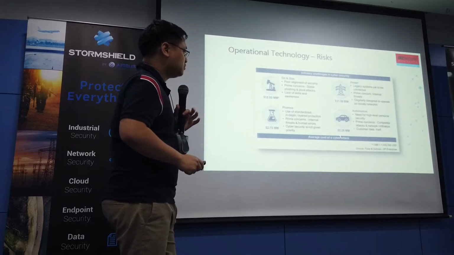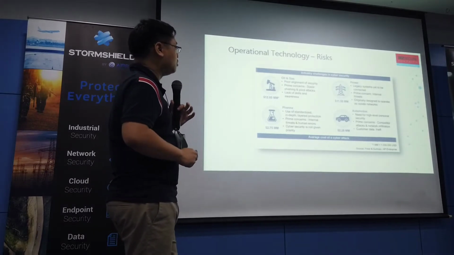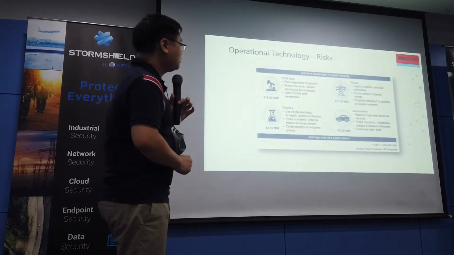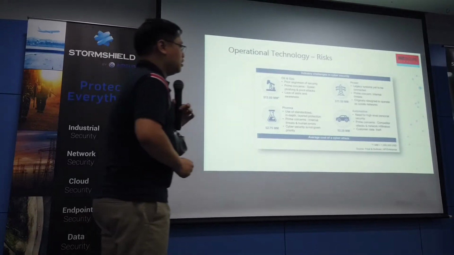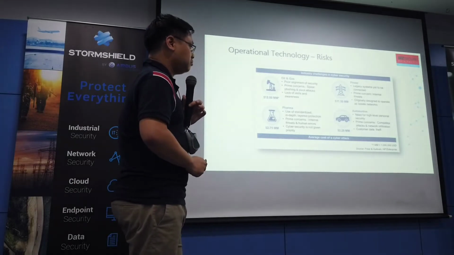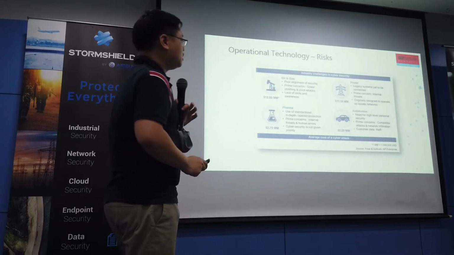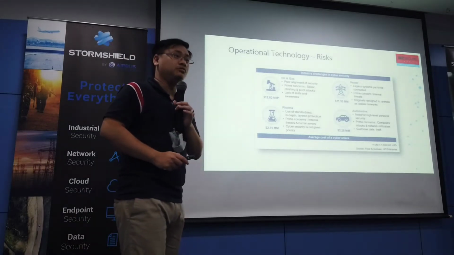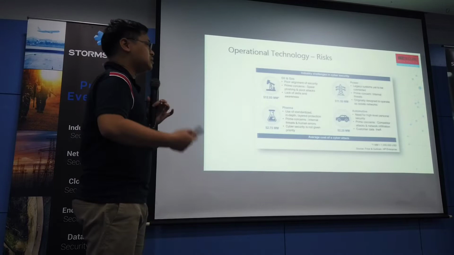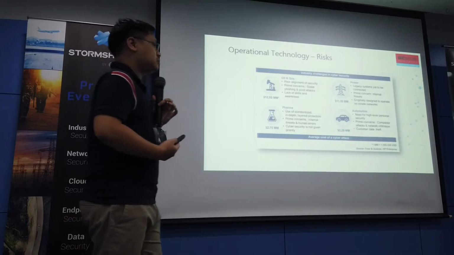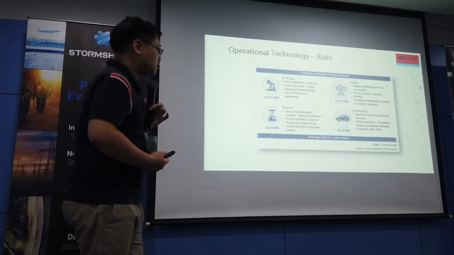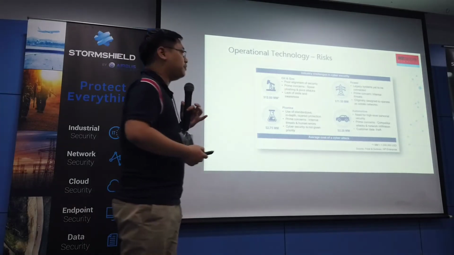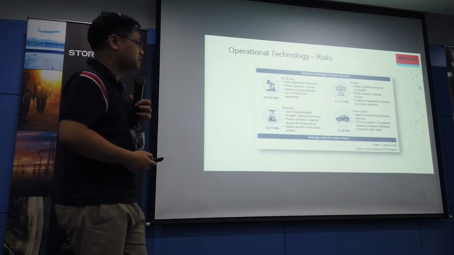The average cost of a cyber attack in oil and gas is 12.8 million USD on average. In electricity, 11.5 million USD. So as you can see, there is of course a very high risk and it's a very high cost for this.